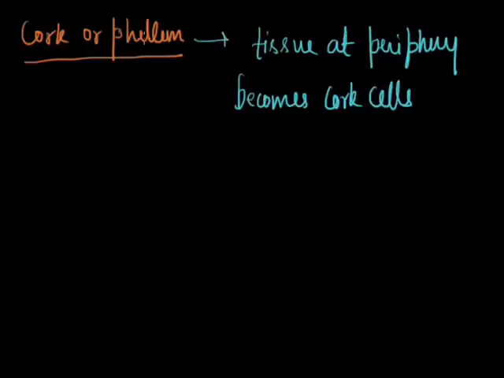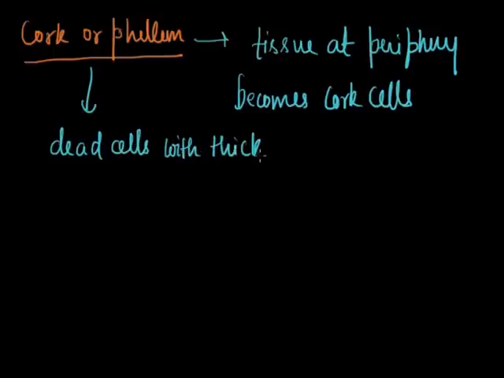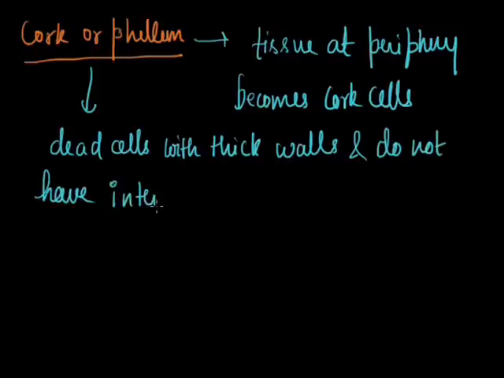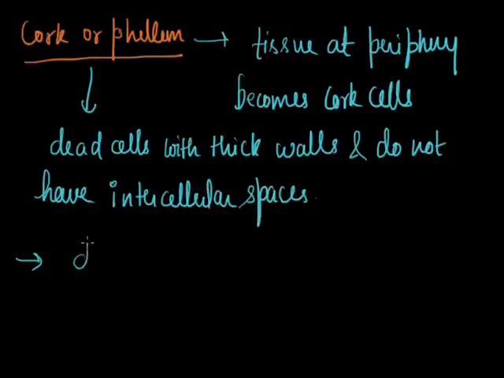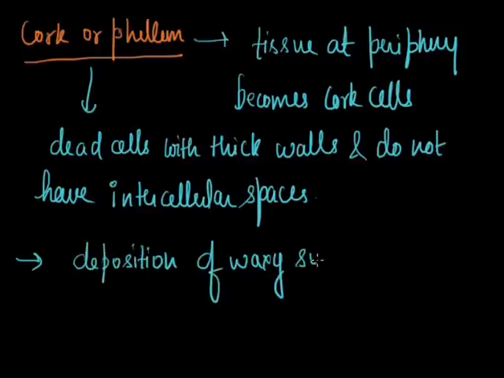This cork is made up of dead cells with thick walls and does not have intercellular spaces. And the deposition of waxy substance here is called suberin.